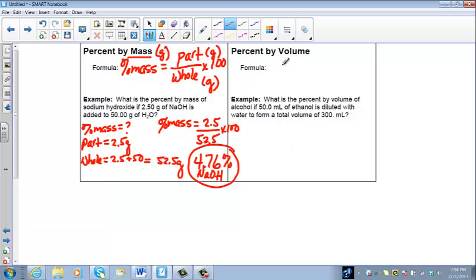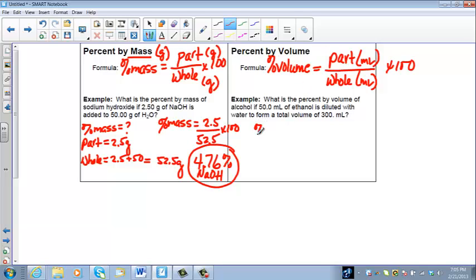Now, percent by volume is exactly the same thing, except it's percent volume. This formula is not on your reference table, but it's usually the part in milliliters, could be liters, over the whole in milliliters or liters times 100, because it's percent volume, and volume is measured in milliliters or liters.